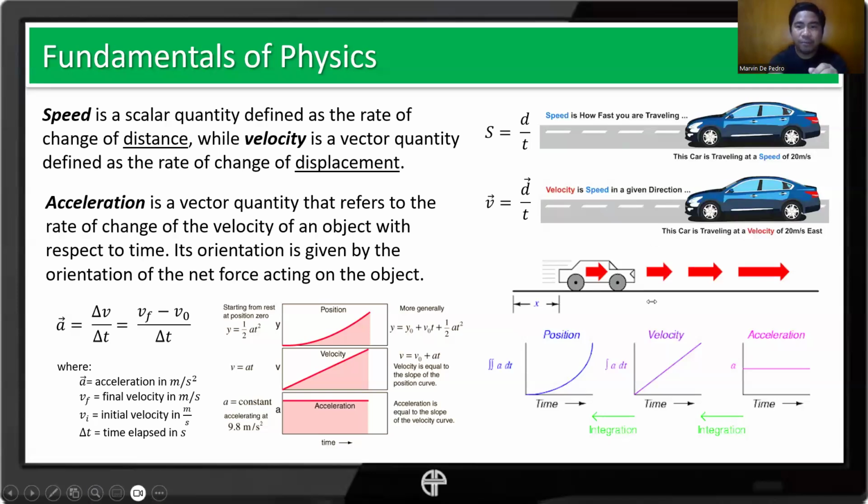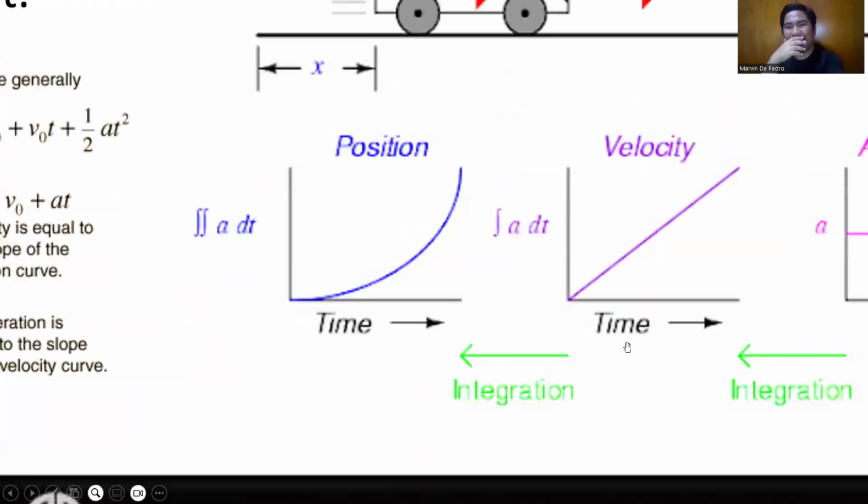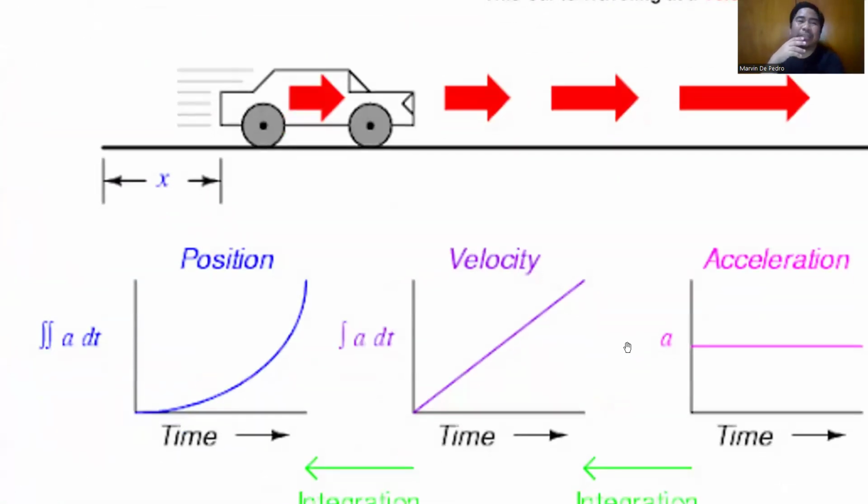Or in other words, conversely, distance, or I mean displacement, is the integral, or the antiderivative, of your velocity. Before I go too technical, too deep, just observe this. Position is the double integral of your acceleration.